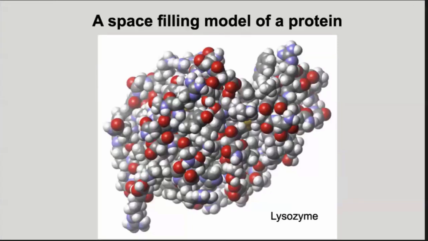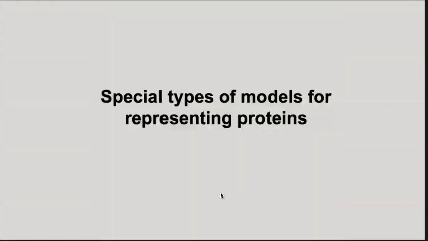So this sort of space-filling or sphere model of a protein, like I said, is pretty good if you want to understand the overall three-dimensional structure of the protein, the structure of its three-dimensional surface. But this would be a terrible choice if you wanted to understand how the amino acid chain actually folds to create this model. So it turns out there are a couple of special kinds of models that are used specifically for representing proteins.